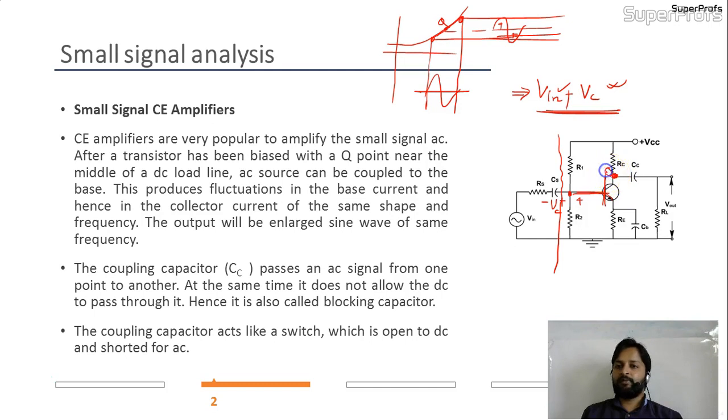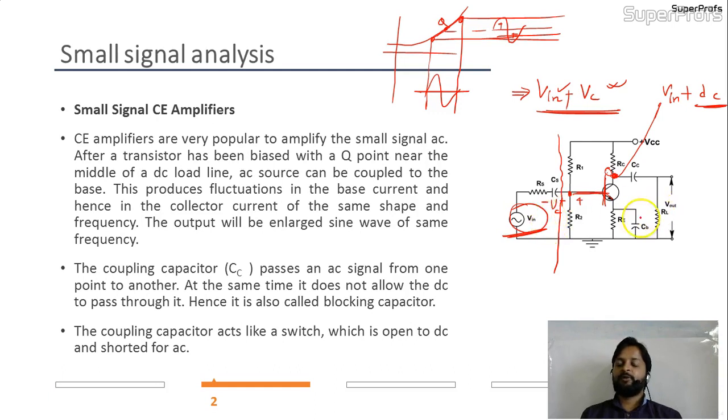But in your output, the DC as well as your small signal voltage, whatever you apply at the input, both are there. At this point, not only will your V in be available in some amplified version, but it has some DC part itself, because at the input stage you added some DC part. Is it okay?